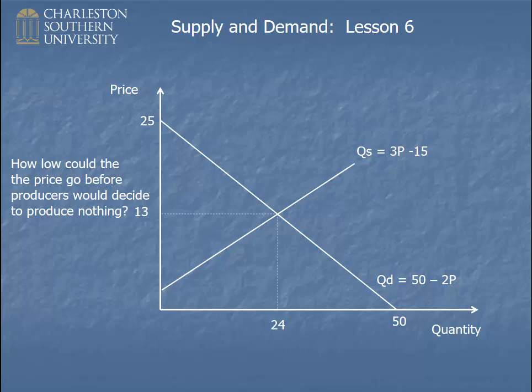So you would just write the equation for the supply curve, QS equals 3p minus 15. But of course, I'm looking for a price where this thing over here is 0. I want the quantity supplied to be 0. So just sticking a 0 in there, I'm going to solve this thing by adding 15 to both sides and dividing both sides by 3. I get p is 5. So this number right here is 5.